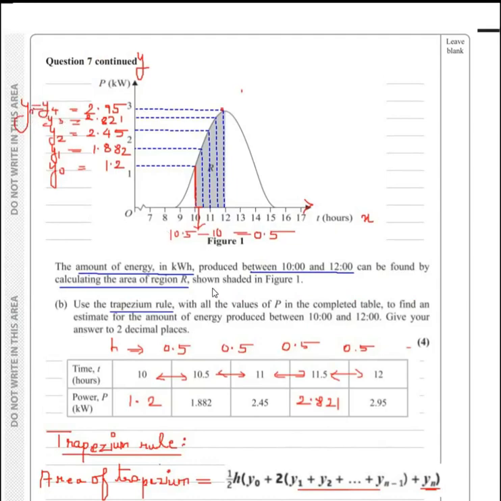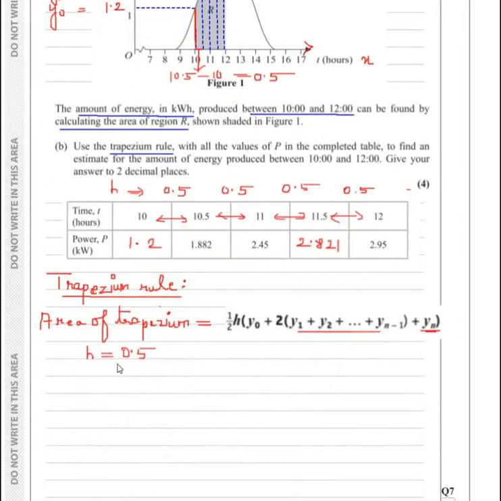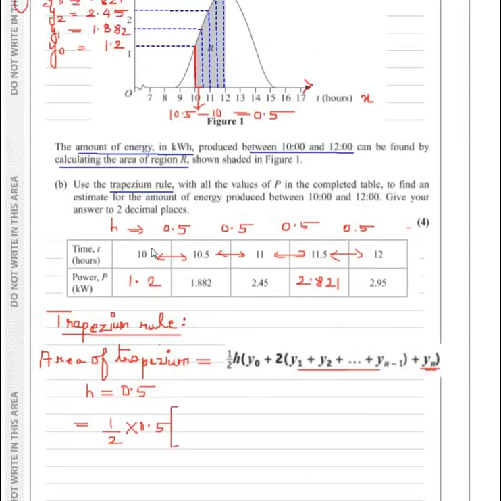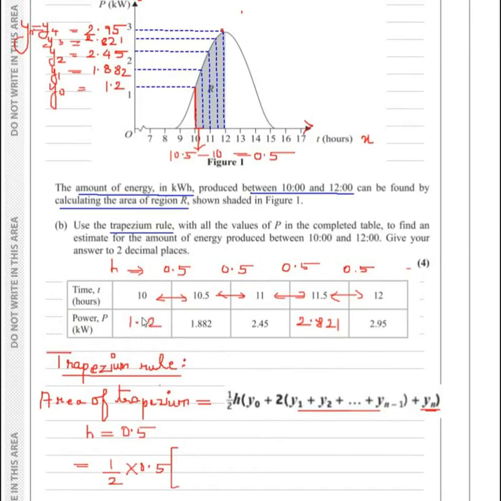yn equal to y4. So substituting over here, we can write the area of trapezium as 1 over 2 multiplied with height 0.5, in the bracket y0. We have seen it is the first y value, which is 1.2, plus 2 times the intermediate values y1, y2 and y3.